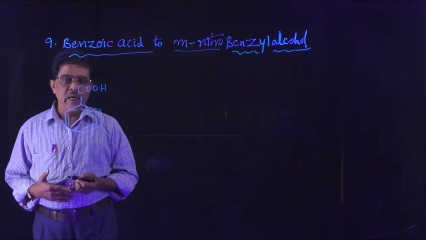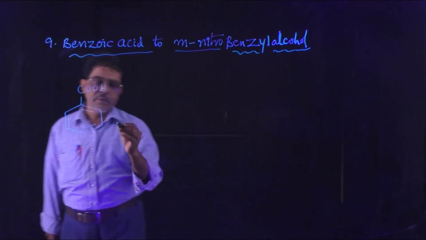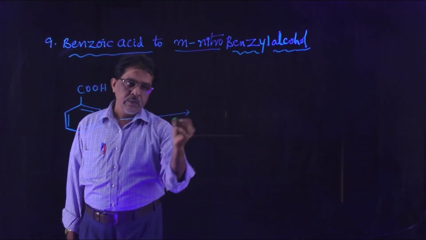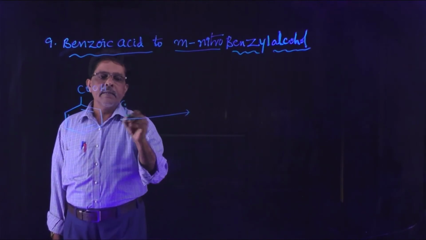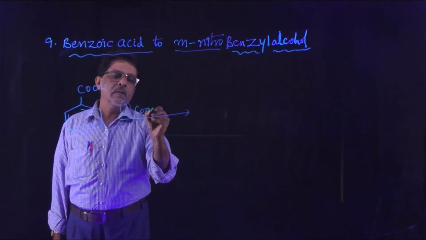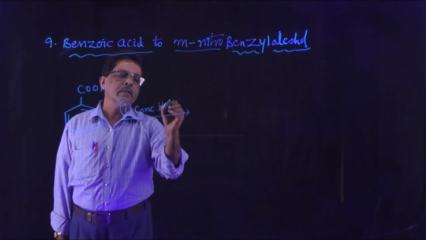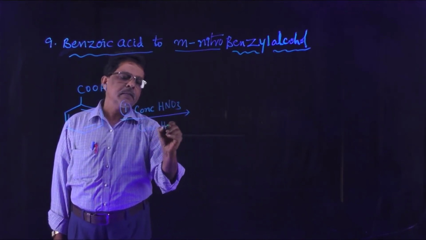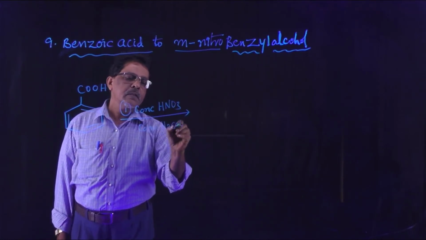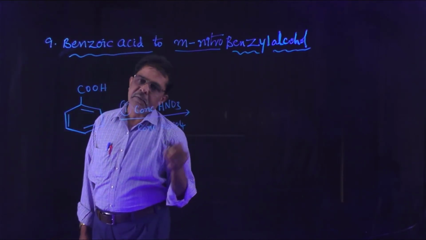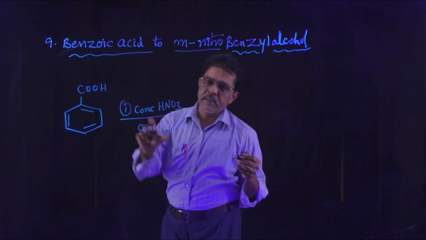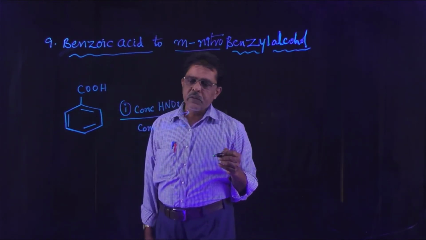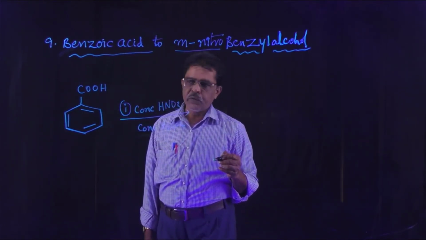First of all, we have to do the nitration of benzoic acid. You know very well the nitration mixture is concentrated HNO3 and concentrated sulfuric acid. Right, nitration mixture is a mixture of HNO3 and H2SO4.